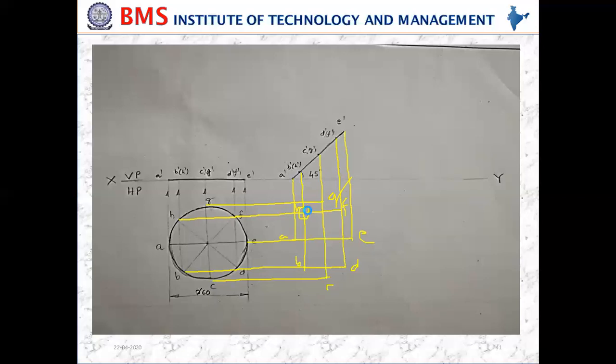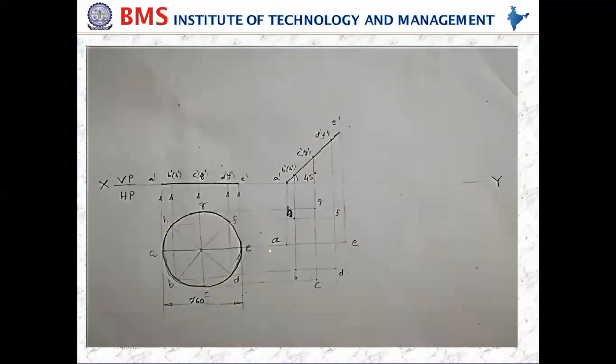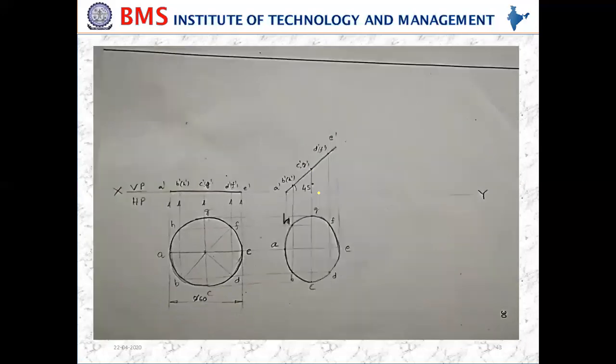Once you draw all this vertical projection and look at all the points A, B, C, D, E, F, G, join all these points by a smooth curve, as we did in the previous problems. So I have joined with a smooth curve.